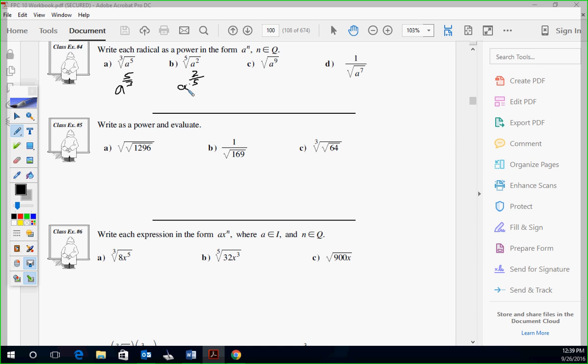This one will be a to the 9/2. Remember, if nothing's there, it's a 2. If it's not there, it's a 2 for radicals. Because a 1 actually means nothing. The 1 root of something is just the number. Yep. This here would be 7/2, but what? Negative 7/2. Good. Just negative 7/2, it's on the bottom. Very nice.